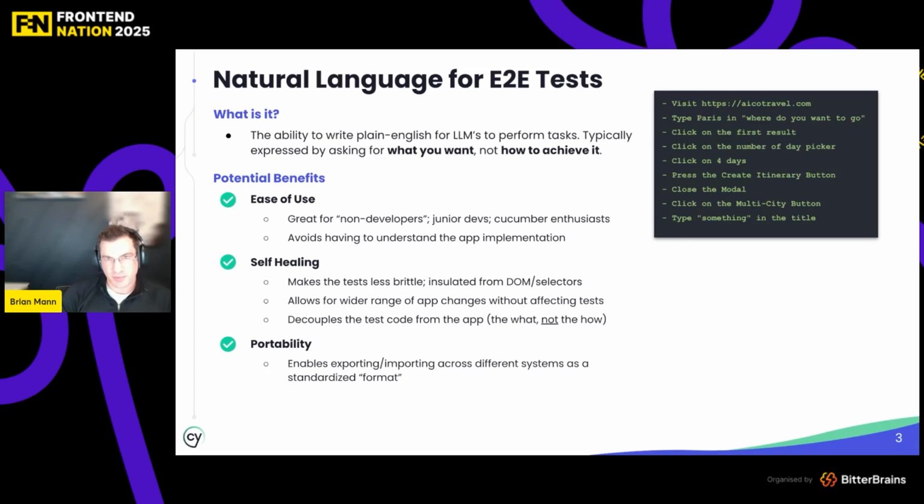And probably the most powerful capability, I would say, is that by using natural language effectively, we insulate our tests from being brittle, right? So we have the ability to get self-healing and insulate ourselves from the DOM that is always changing with the application, because it's effectively decoupling the test code from the app code.